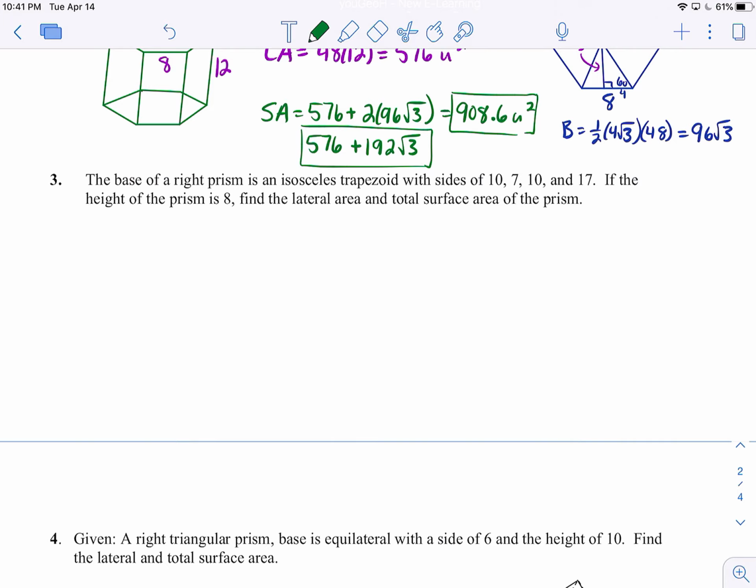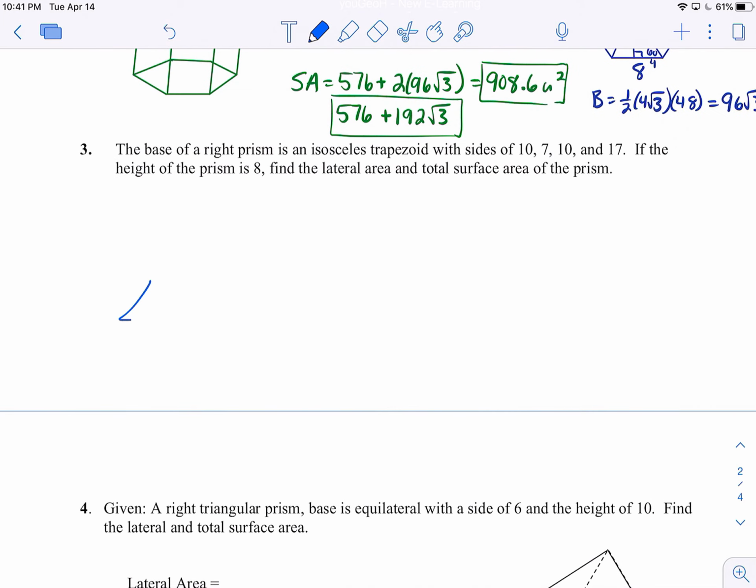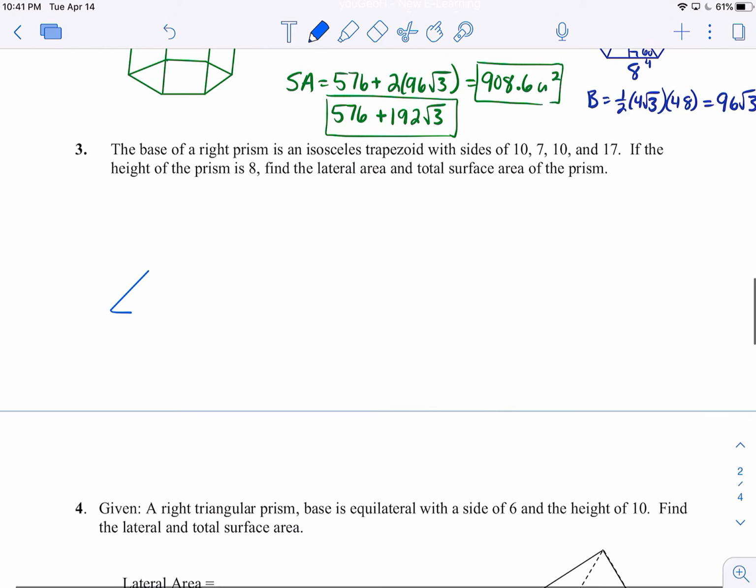So now we can picture that we have some sort of isosceles trapezoid, and then we're going to connect those sides. Sometimes I'll draw it at an angle just so that we get a better picture of it.